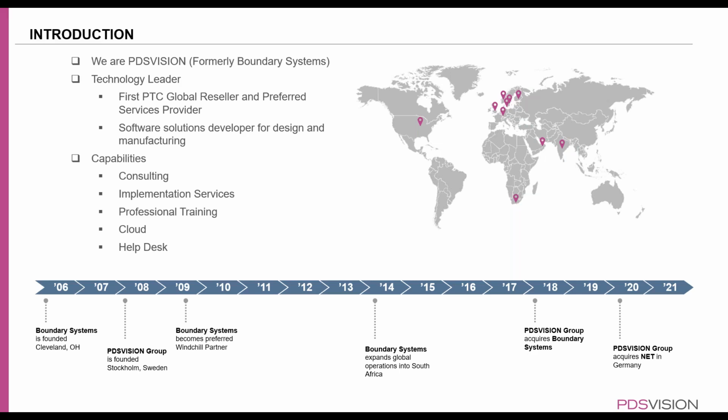In 2014, Boundary Systems expanded its global operations into South Africa, which is where I got introduced to Boundary Systems. Then the PDSVISION group bought Boundary Systems in 2018, and in 2020, the PDSVISION group acquired NATE in Germany. So that's a quick timeline of how we got to where we are today.